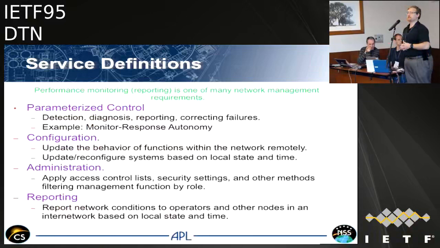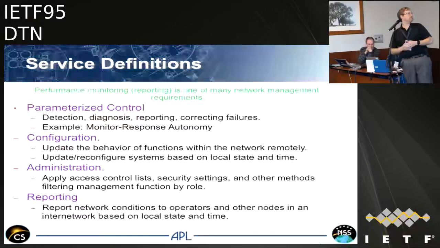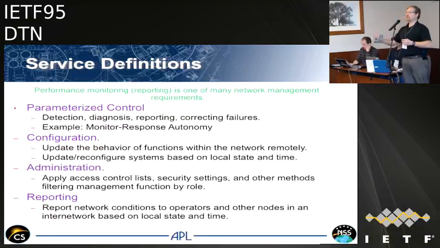If people are familiar with FCAPS: fault, configuration, administration, performance, and security. One of the things we felt was necessary was some level of parameterized control of your agent from the manager, which is detecting, diagnosis, reporting, and correcting failures on the side of the agent.